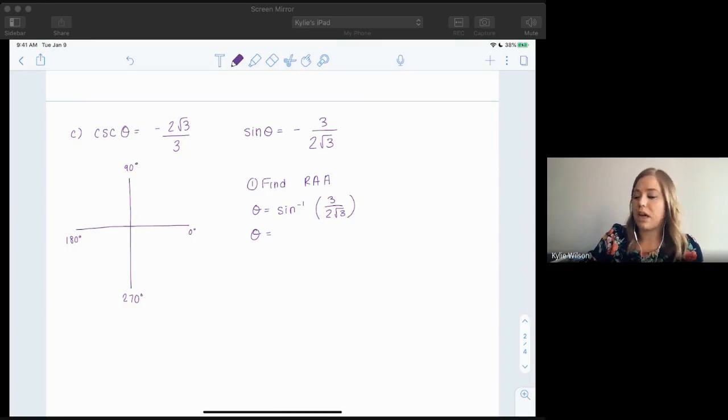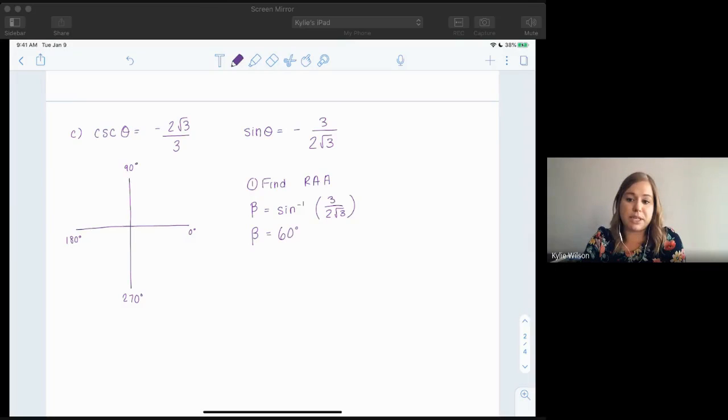If you are able to catch that right off the bat, awesome. But if you type it into your calculator, oops, this should have been my beta because I'm looking for my related acute angle, it will give us 60. That is one of our special angles. So that's okay. Now I know my related acute angle is 60. And now I need to figure out where my angle lives. So let's look at my CAST rule again.